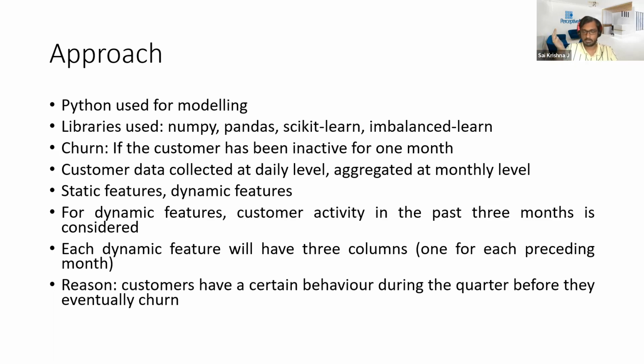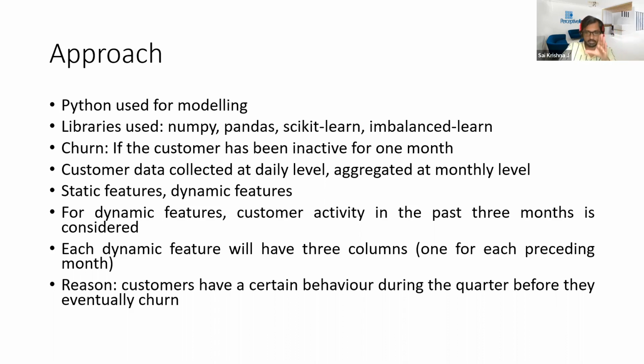This will have 3 columns: one for January, one for February, and one for March, that is, one for each preceding month. That is how they are creating the dynamic feature. The reason they are doing this is that, in their opinion, customers exhibit a certain kind of behavior during the quarter before they eventually churn.